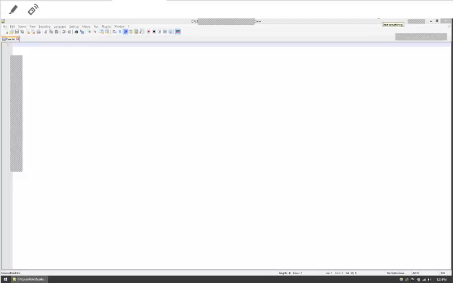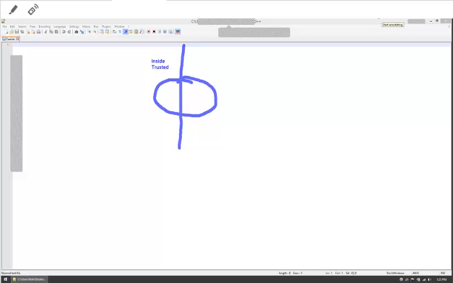Well, this isn't MPLS encryption. This is just, so you might have a router. Okay, this is our router, and then we're going to have two VRFs, and on one VRF we're going to have our inside trusted network, and then on our outside we're going to have the outside untrusted.